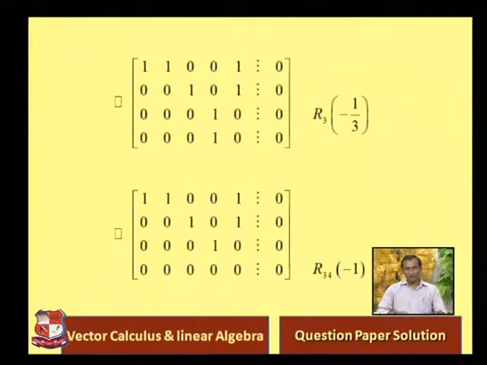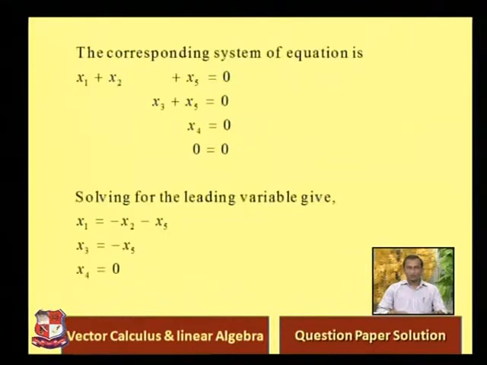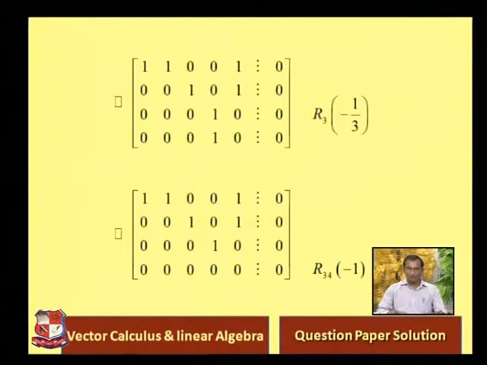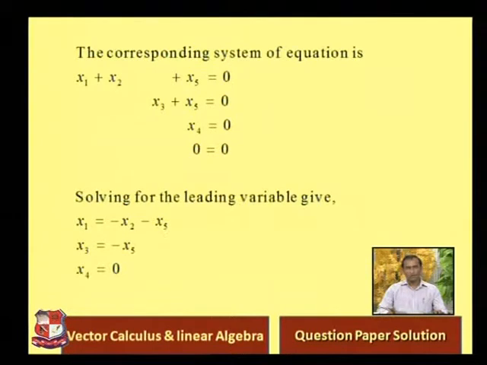The first row, first column element is 1, so x1, next is 1, so x2, then 0 times x3, 0 times x4, and 1 times x5 equals 0. So our first equation is x1 plus x2 plus x5 equals 0.